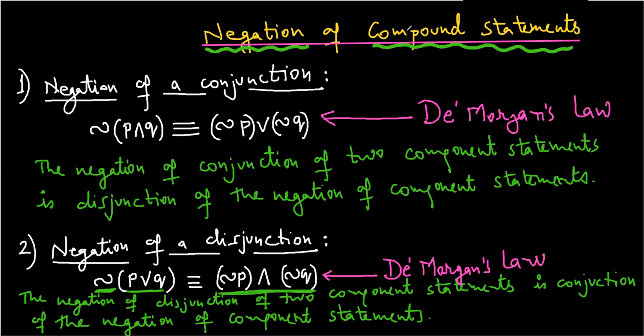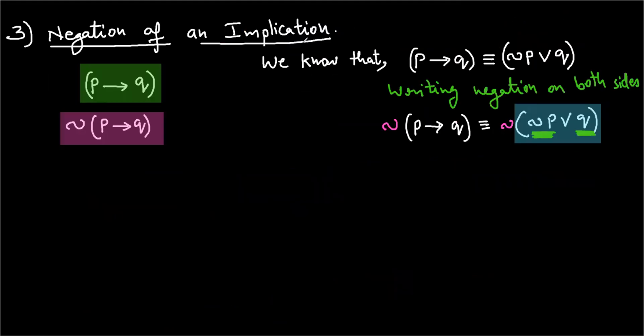So the next step I will get is the negation of negation P, then this disjunction will become a conjunction, and I will write negation for the second one.